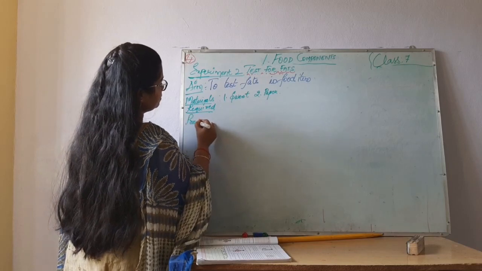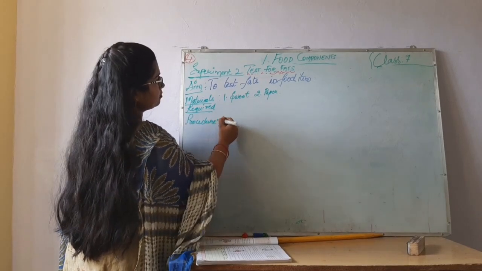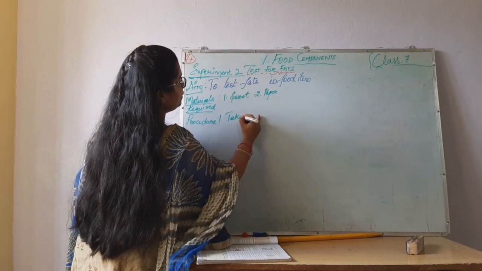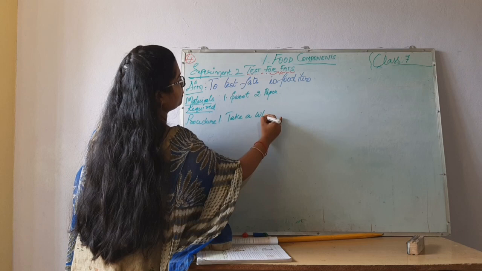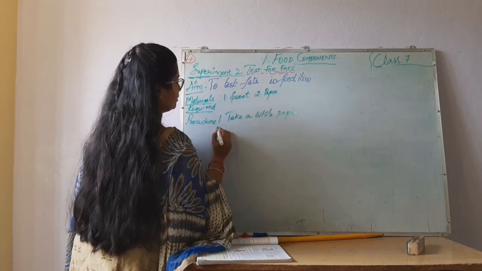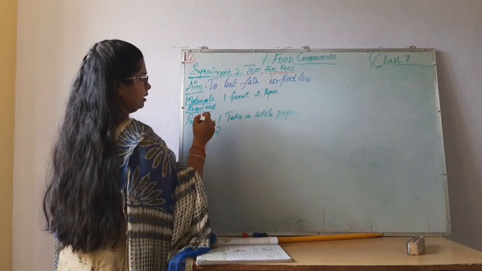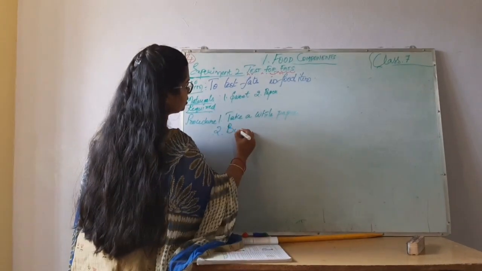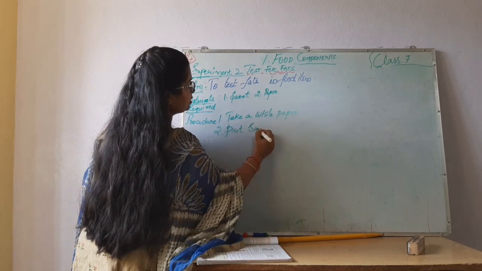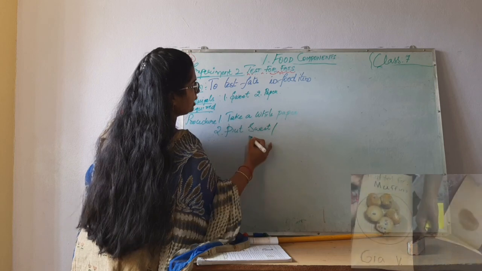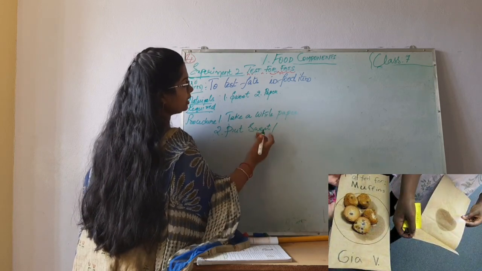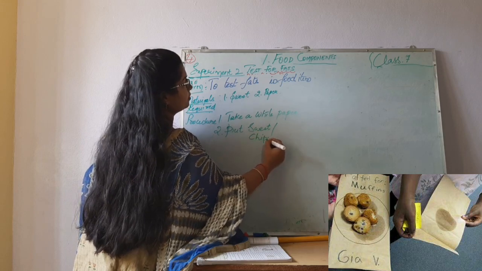Next, procedure. Take a white paper. Next, put the sweet on it, or any cheesy item, or something which contains oil, like chips.